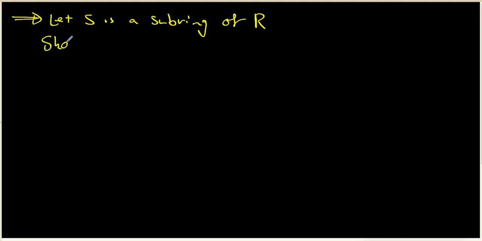So what we're going to do first is look at proving the forward direction. In other words, we're going to assume that S is a subring of the ring R, and we need to show S has all three properties.